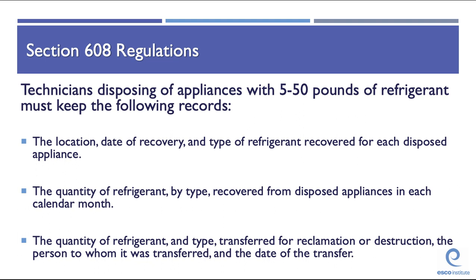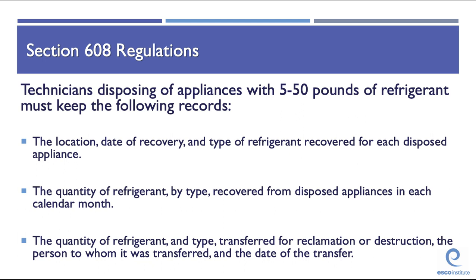Technicians disposing of appliances with 5 to 50 pounds of refrigerant must keep the following records: the location, date of recovery, and the type of refrigerant recovered for each disposed appliance; the quantity of refrigerant by type recovered from disposed appliances in each calendar month; and the quantity of refrigerant and type transferred for reclamation or destruction, the person to whom it was transferred, and the date of the transfer.